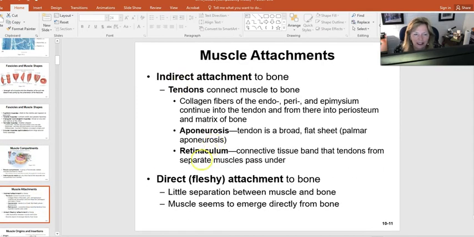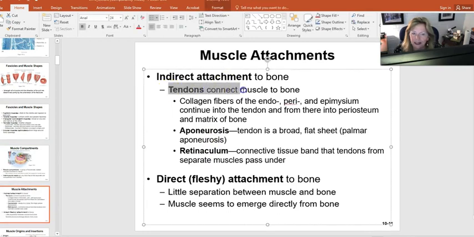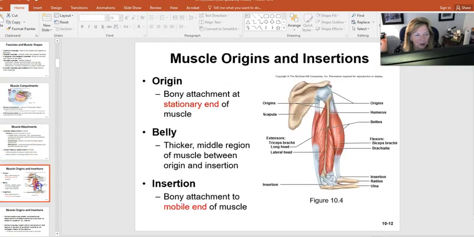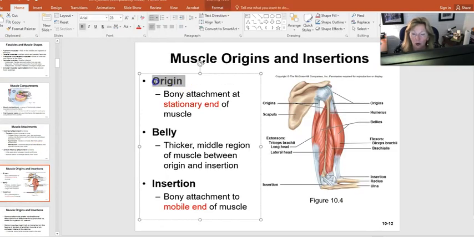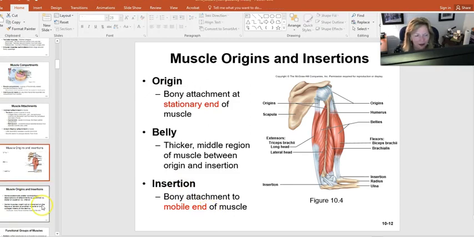So again, I did say that I wanted you to know that tendons connect muscle to bone. I had also said that it would be important for you to know that the origin means it's the bone that's stationary. The insertion is the bone that will be moving, that the skeletal muscle is attached to.